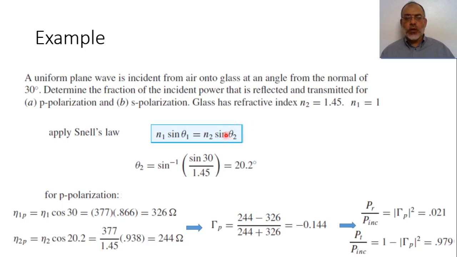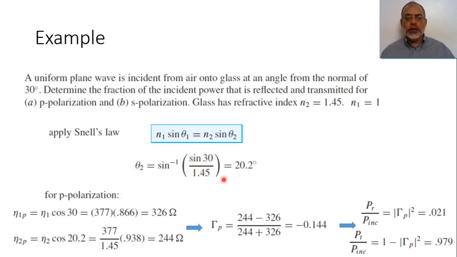N1 is 1, theta 1 is 30 degrees, N2 is 1.45, and theta 2 is the angle of the transmitted field, which is unknown. By solving this relation, we can obtain theta 2 equals sine minus 1 of (N1 over N2, 1 over 1.45, multiplied by sine theta 1, sine 30).